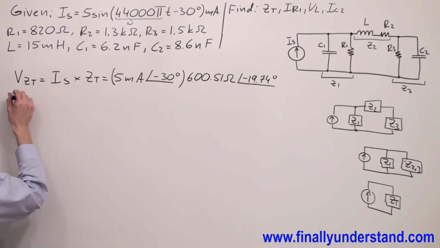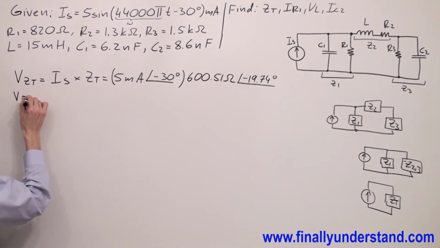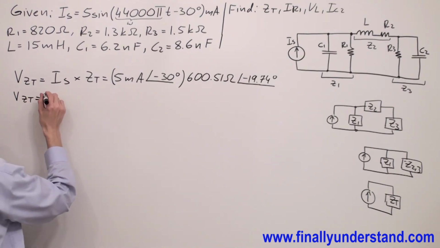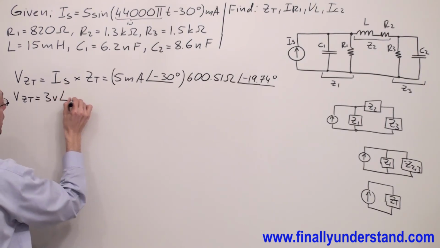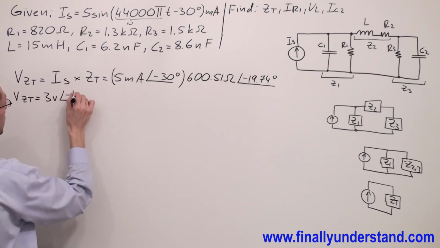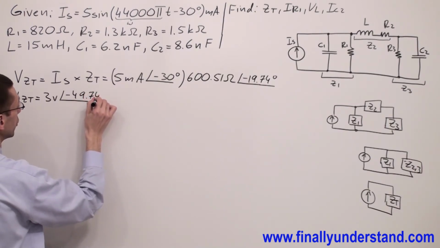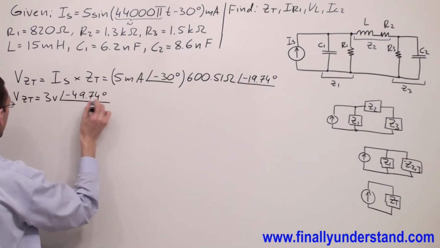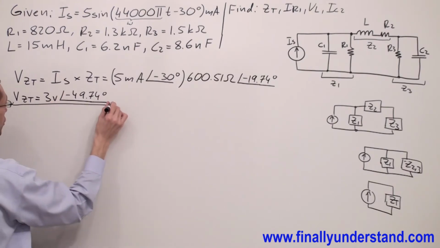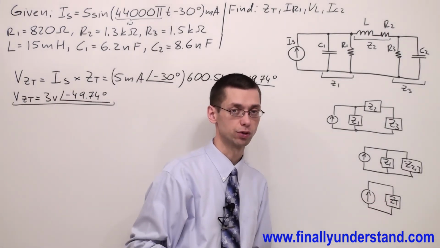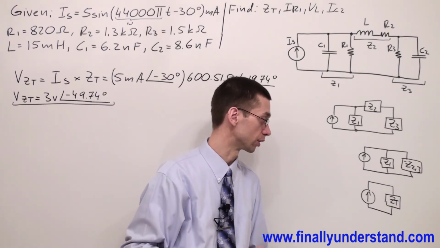Use the calculator. You're supposed to get the value of VZ total is equal 3 volts and angle of negative 49.74 degrees.